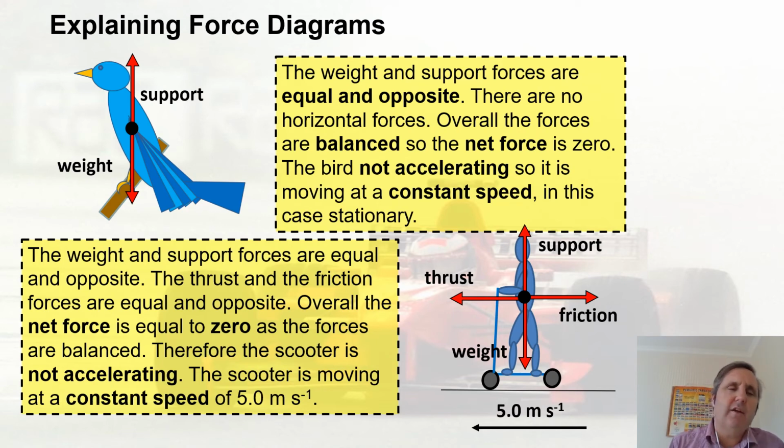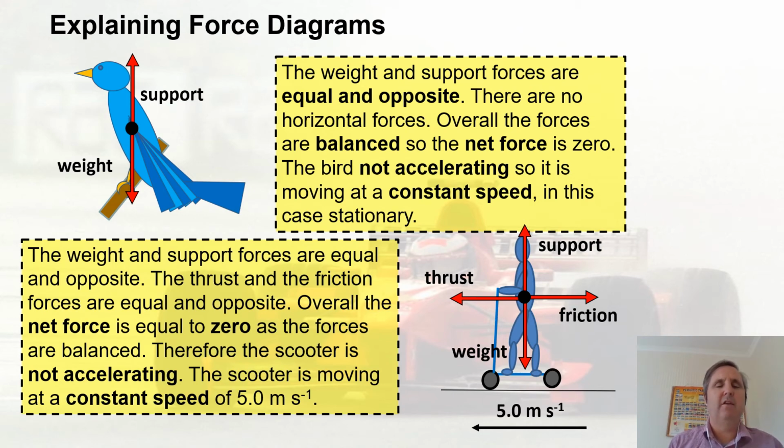So notice this: when you have balanced forces, you must be traveling at a constant speed because you are not accelerating. However, your constant speed can either be stationary or it can be any constant speed. You could be traveling at 5 meters per second. You could be traveling at 5,000 meters per second. It doesn't matter.